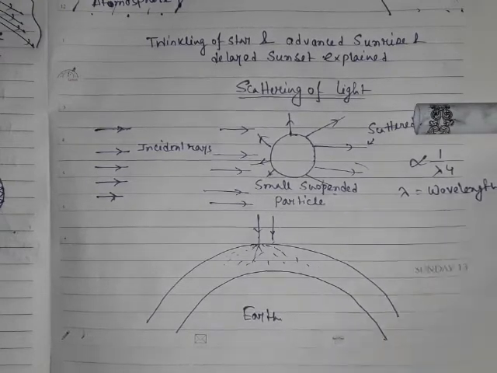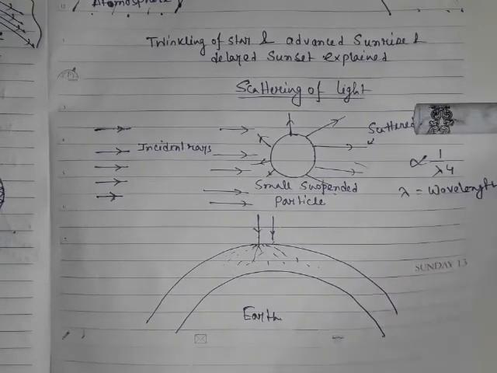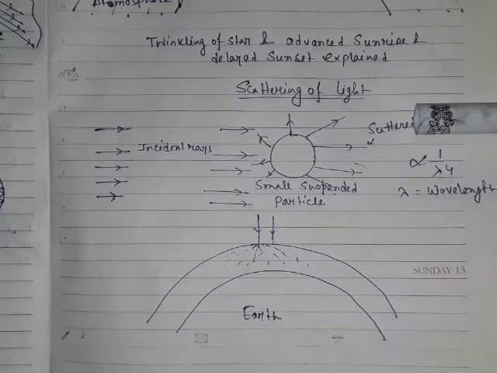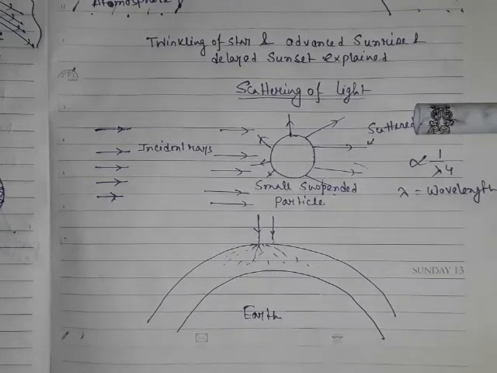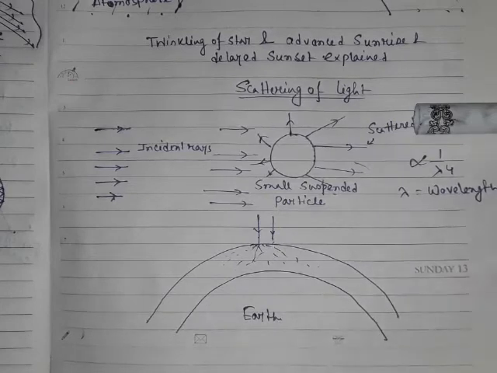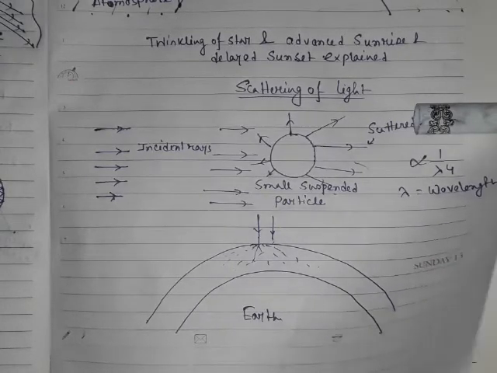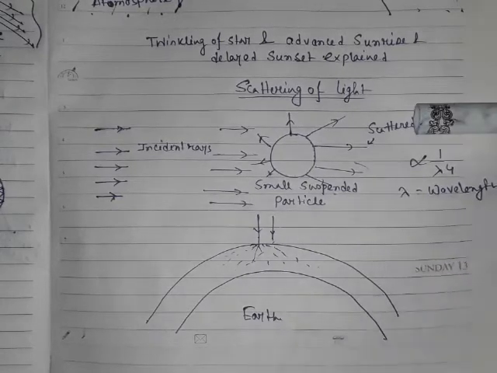Since you are seeing the sky blue when you are not looking at the sun, that means some amount of light is coming from the sky, and that is only possible due to scattering. So the blue sky is already explained here.